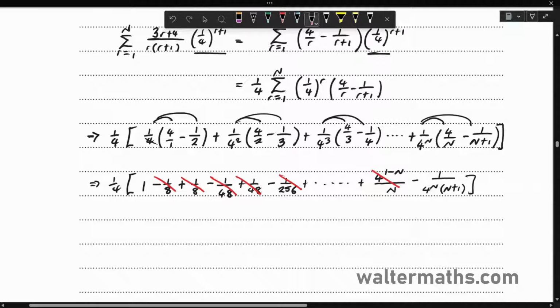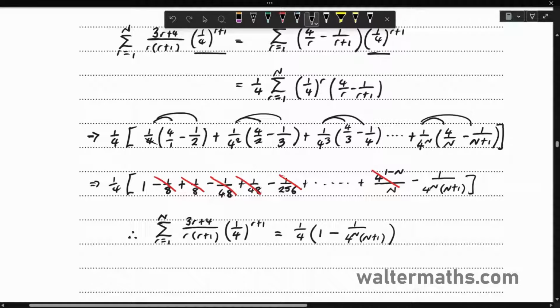So the only ones remaining, or let me put it this way, therefore what we're looking for, which is the sum to n of 3r plus 4 over r of r plus 1 of a quarter to the r plus 1, should be equal to a quarter of 1 minus 1 over 4 to the n of n plus 1.